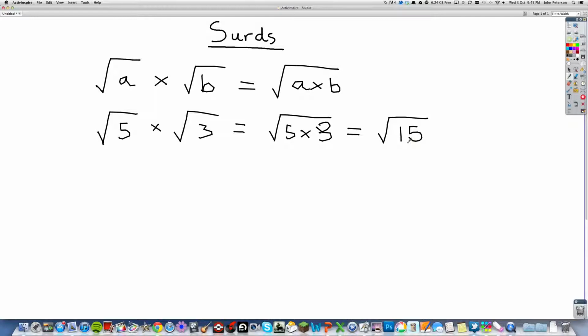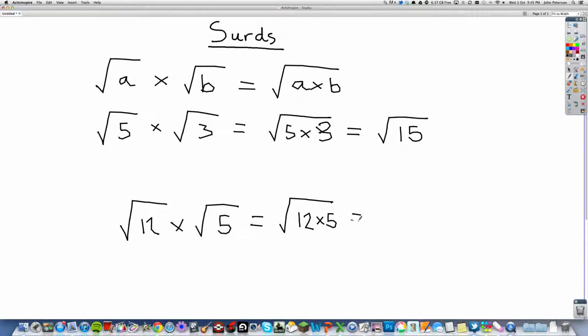Another one: the square root of 12 times by the square root of 5 is equal to the square root of 12 times 5, which is the square root of 60.